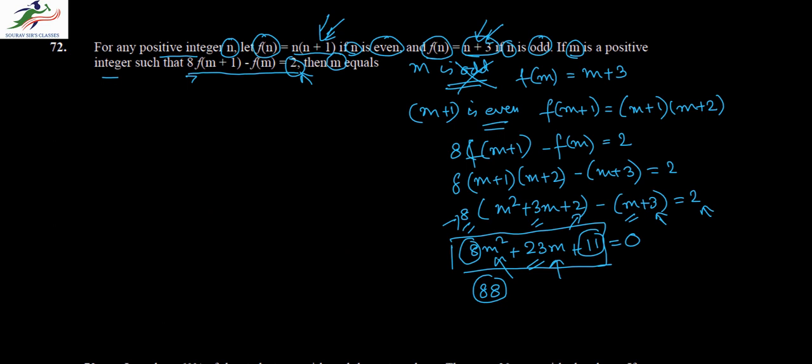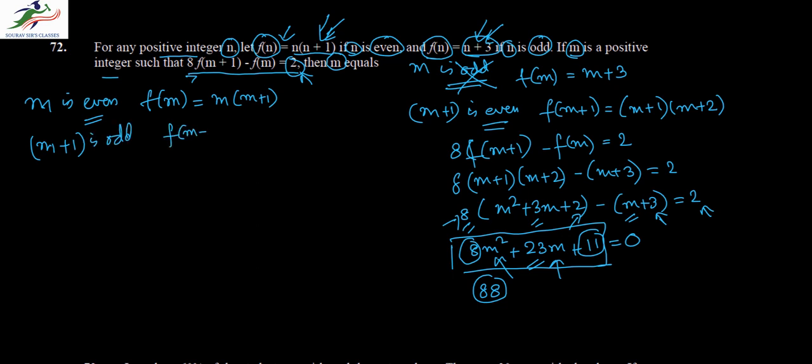We know that m is even, so f(m) will follow the even rule, which is m into m plus 1, and m plus 1 will be odd, so f(m plus 1) will follow the odd rule, which is equal to m plus 4.